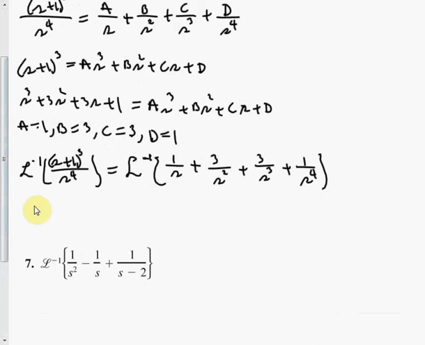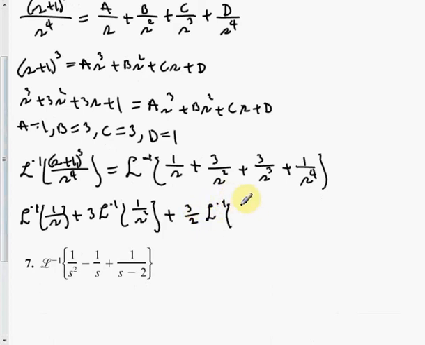Well, you could break those into their individual parts as well. So this is the inverse transform of 1 over s plus 3 times the inverse transform of 1 over s squared. I'll just pull that 3 out in front. And plus, now here I get into an issue because this is s to the third, n is equal to 2. So I need to have 2 factorial up top. So I place it there by saying 2 divided by 2. So here I pull the 3 out, divided by 2, times the inverse transform of 2 over s to the third.